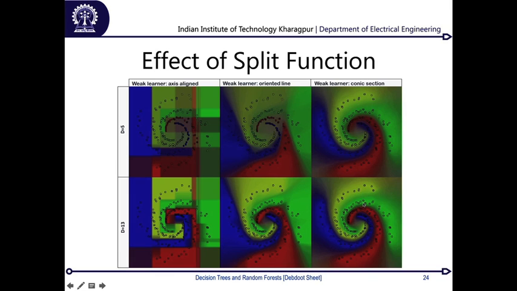So for axis line split, what happens is you can define a line equation something like this: y is equal to y1 or y equal to y2, y equal to y3. For an oblique split, you would be defining something like y is equal to mx plus c. So you have two different factors, m and c, these two to be optimized over there. So you can have multiple oblique lines, but m and c will have to be optimized. If I do some sort of a quadratic equation, I will have more factors over there.